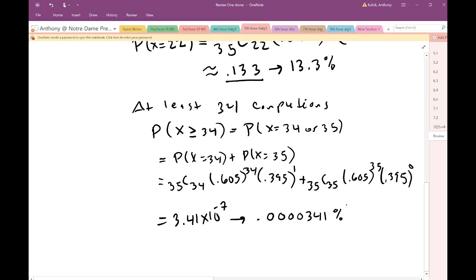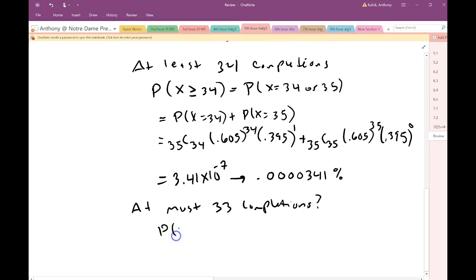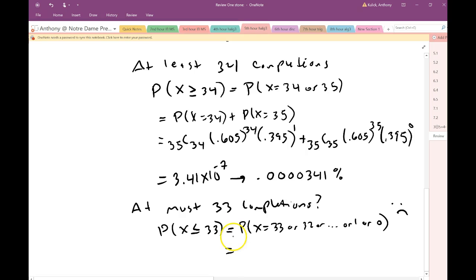Yes, Justina? What if we said at most 33 completions? What does at most mean? Less than or equal to 33. So that would mean x equals 33 or 32 or all the way down to 1 or 0. Oh, you're killing me. I'd have to type that in 34 times. Isn't there a better way? Yeah. We can do this as a complement.